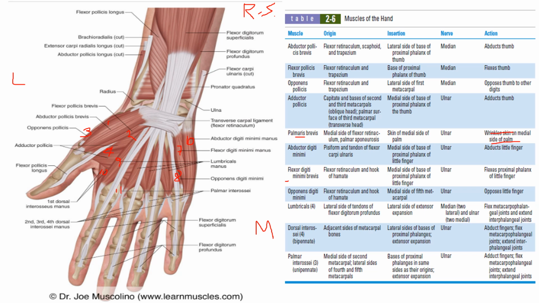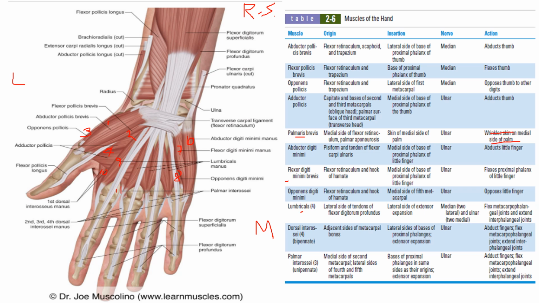So in general, you will notice that except for a few special exceptions, the medial side is mostly innervated by the ulnar nerve, whereas intrinsic hand muscles in the lateral aspect are generally innervated by the median nerve. The opponens digiti minimi functions to oppose the little finger.